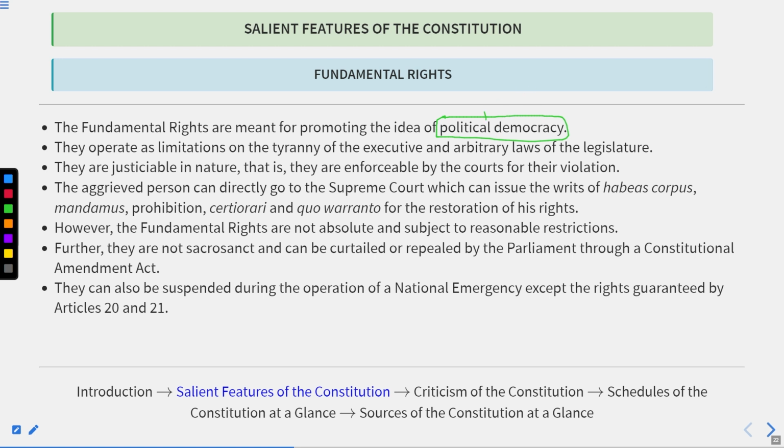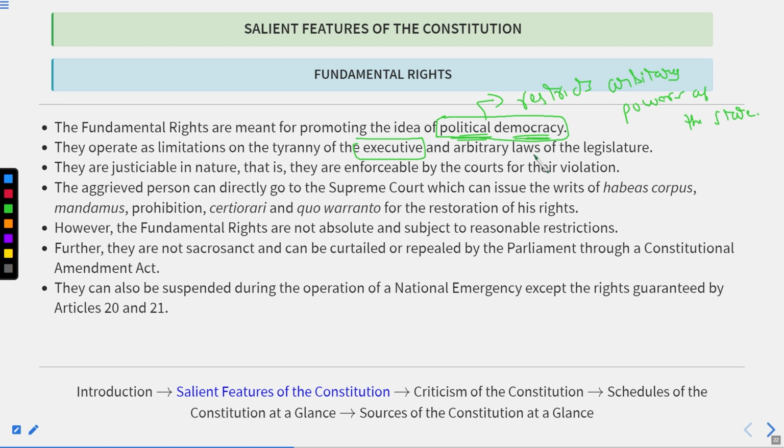So basically this restricts arbitrary powers of the state, or you can say of the government. That is known as political democracy. It restricts the arbitrary powers of the state, like the tyranny of the executive and the arbitrary laws of the legislature.